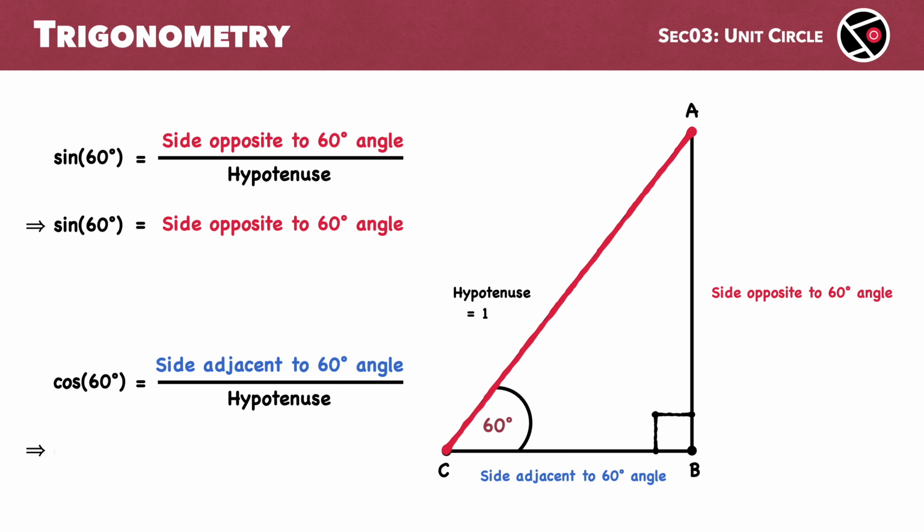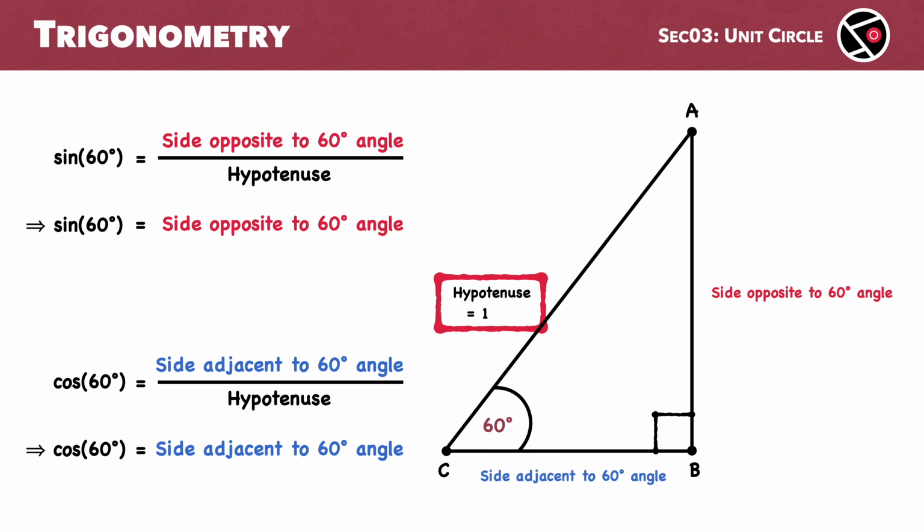Similarly, cos of 60 degrees is equal to the length of the side adjacent to the 60-degree angle. Now we have the measurements of all three sides. The hypotenuse is 1. The side opposite to the 60-degree angle is sine 60 degrees. And the side adjacent to the 60-degree angle is cos 60 degrees.